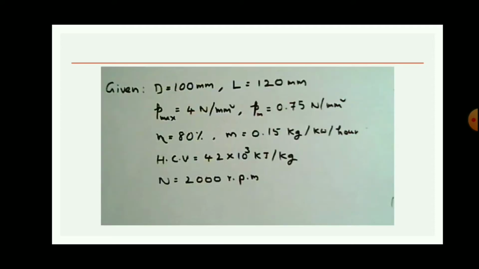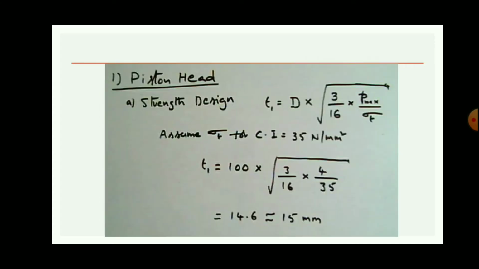So these are the data. First I have written the given data, and the first thing we are going to calculate is the piston head, which is nothing but the thickness T1.